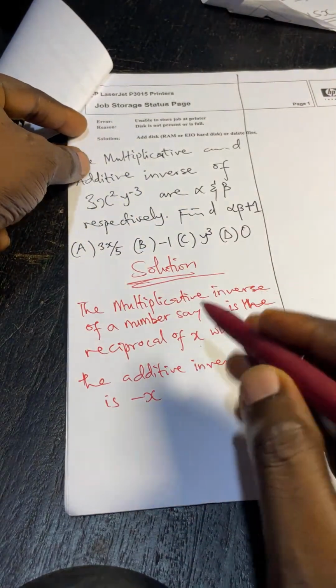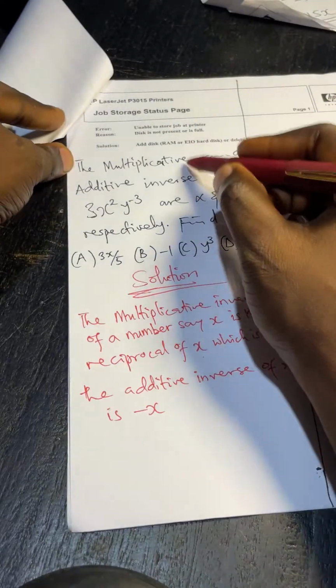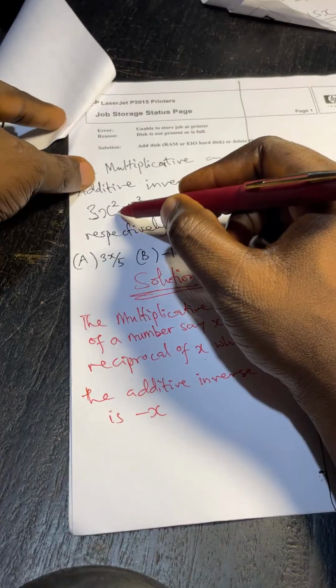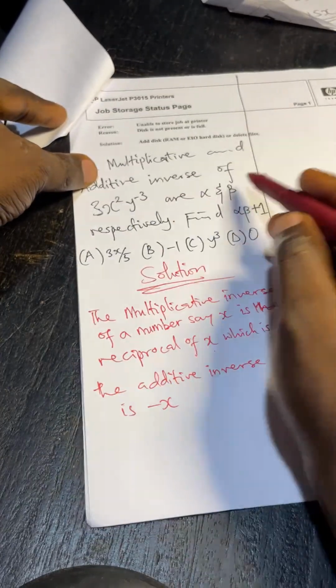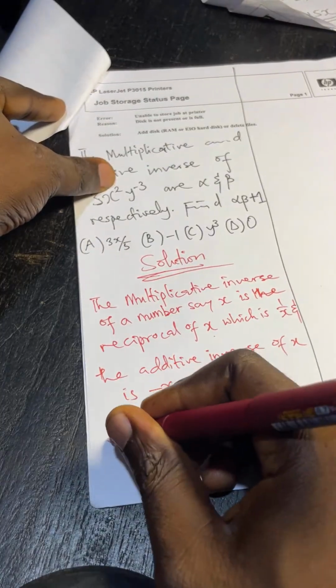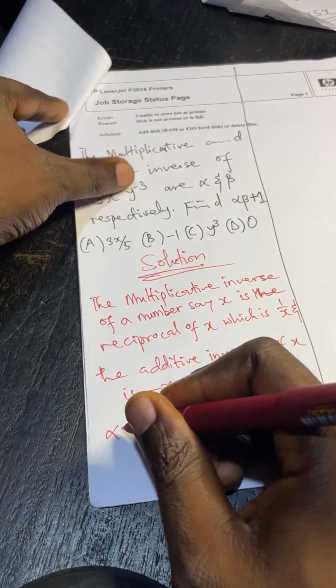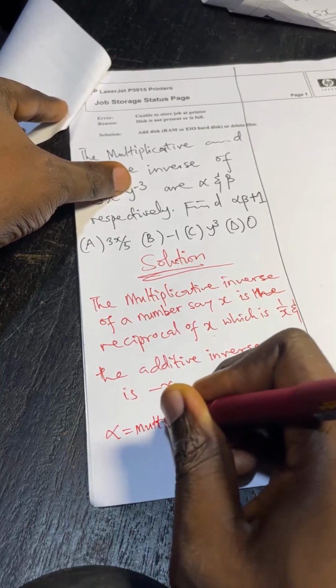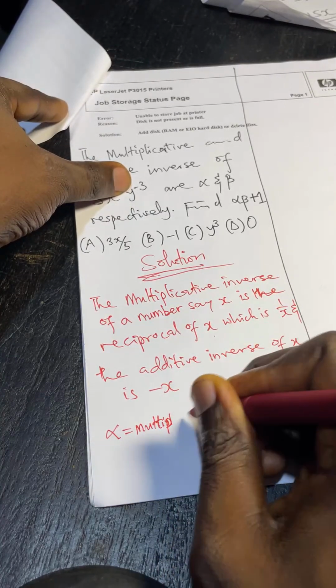You come back. They said the multiplicative and additive inverse of this. Remember, they gave you these numbers, alpha and beta. So first of all, I will do that. My alpha, they say respectively, alpha is what? Multiplicative inverse.